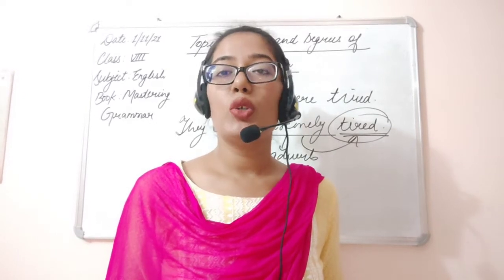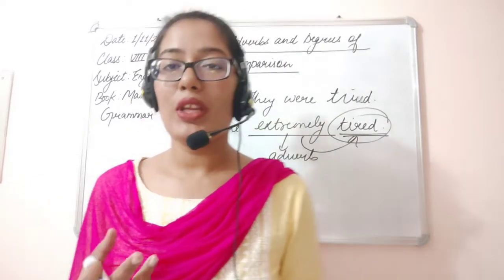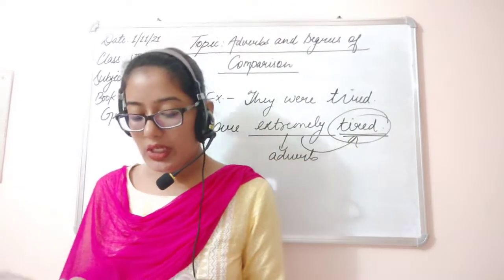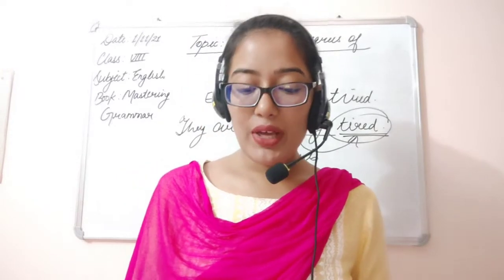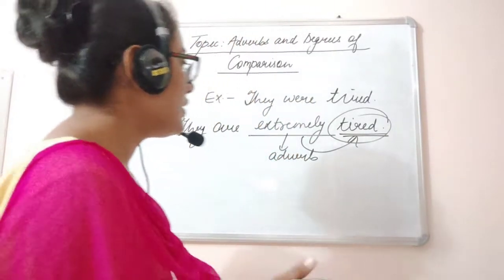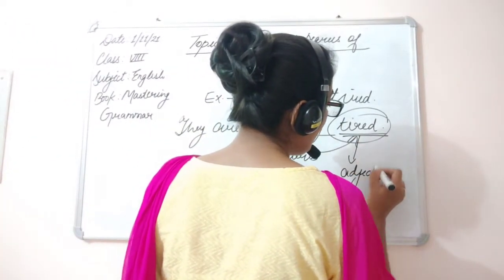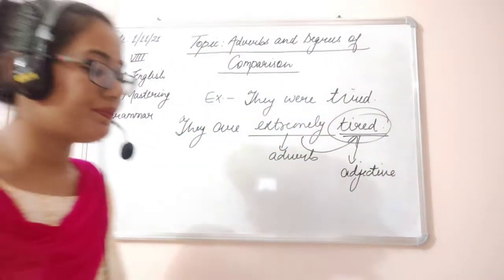Same, she spoke softly. Okay, she spoke very softly. You are emphasizing it, you are adding more meaning to the word. In sentence A, the word clearly modifies a verb. It adds something to the meaning of the verb speaks. In the sentence, the word extremely modifies the adjective. Tired is an adjective. अब adjective को भी modify कर रहा है, adjective को भी more defined meaning provide कर रहा है.